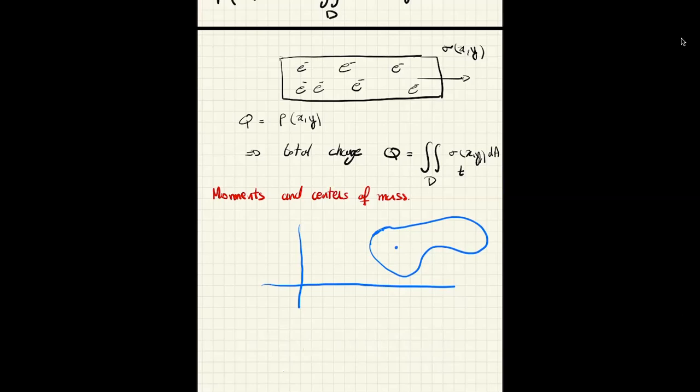So for example, here, this is x, this is y. Again, we're going to divide this region into small rectangles.